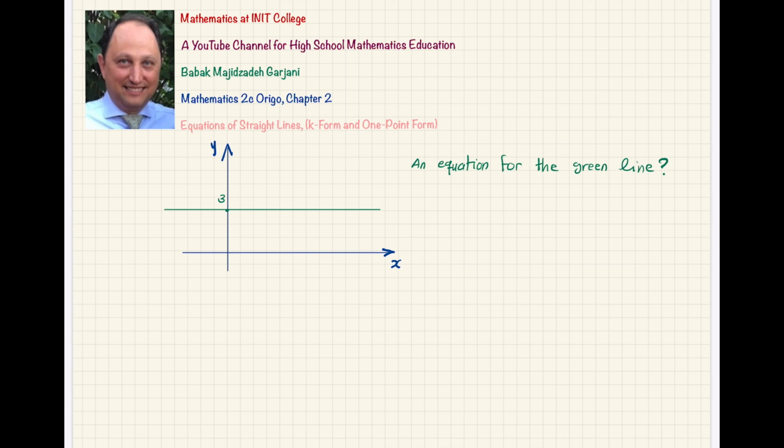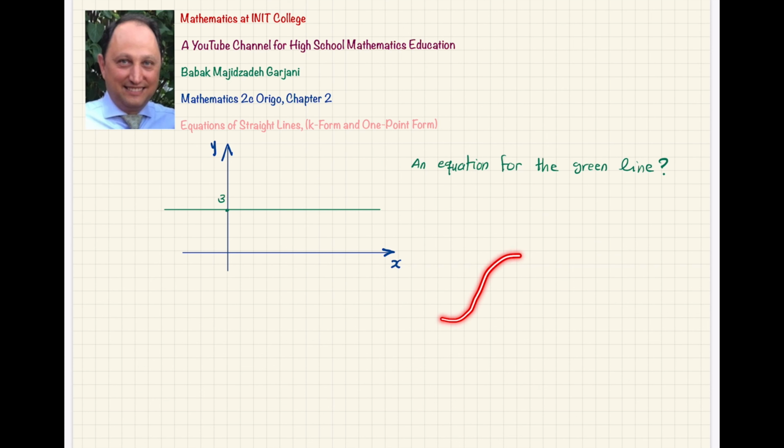It means that you need to find a relation that specifies the points on that line. So what is the common property of all these points that you see on this line? If you can find that common property and express it as an equation, then that is called an equation for your line. So this is completely generic.